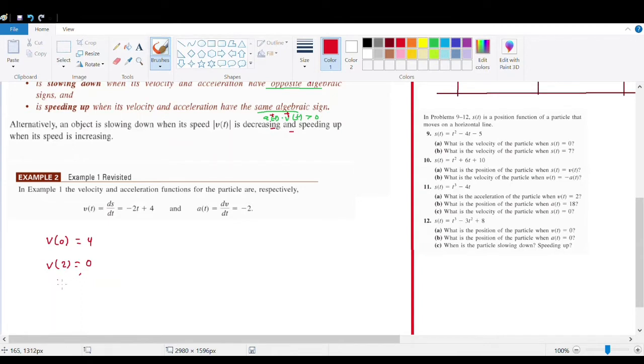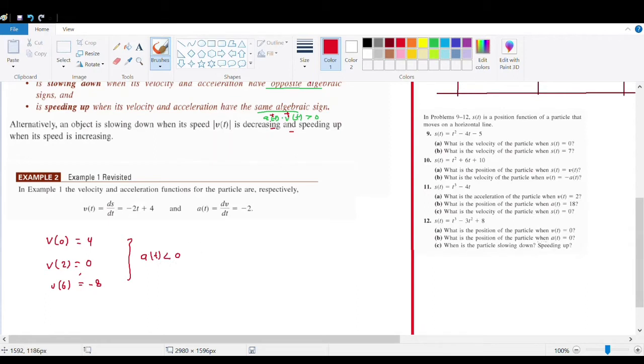And if we evaluate v(6), as in example number 1, this gives us minus 2 multiplied by 6 plus 4, which is minus 12 plus 4, which is minus 8. But for the acceleration, we see that it is less than 0 for all these intervals.